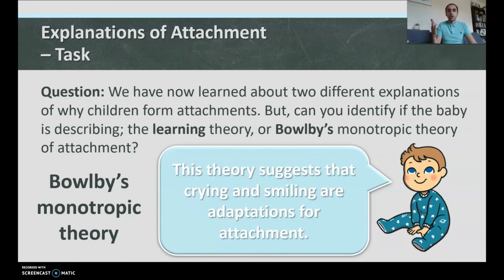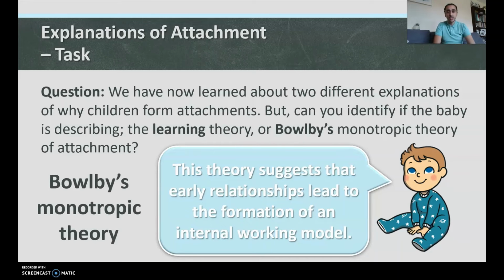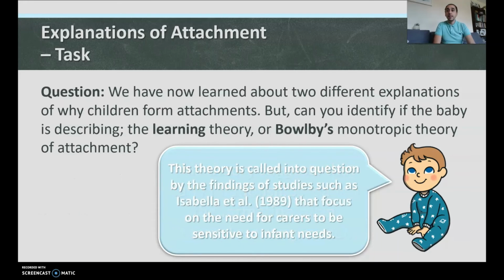Social releasers, yes. This theory suggests that early attachments, early relationships lead to the formation of an internal working model. We've just done that, so we should know that is Bowlby's monotropic theory. This theory is called into question by the findings of studies such as Isabella et al. that focus on the need for carers to be sensitive to infants' needs.